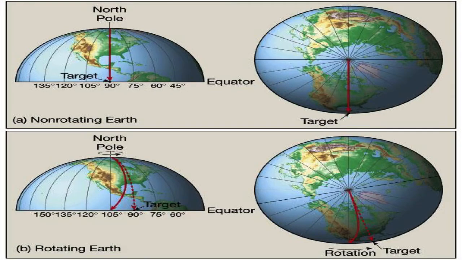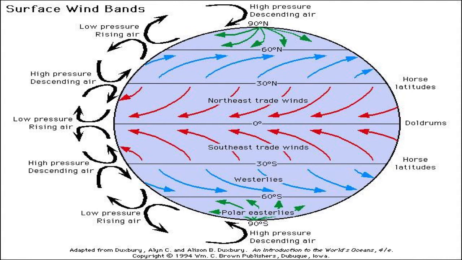So the Coriolis effect, what exactly is it? It's caused by Earth's rotation. Without it, wind would hit the isobars at 90 degrees. In the northern hemisphere, we have deflection to the right, so the air moves to the right, as we see on this slide.